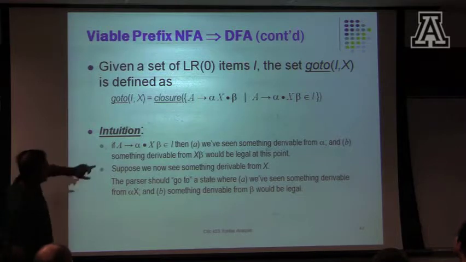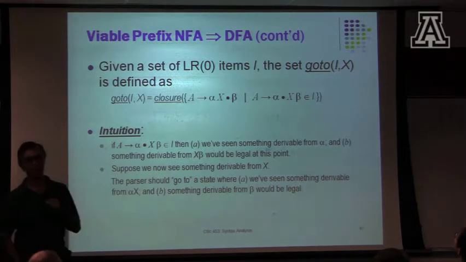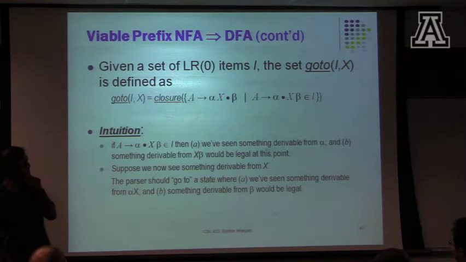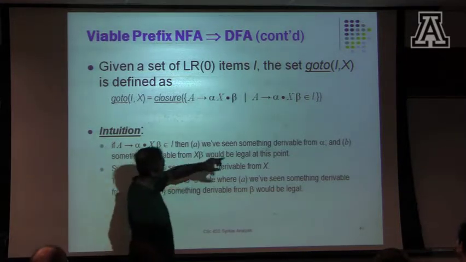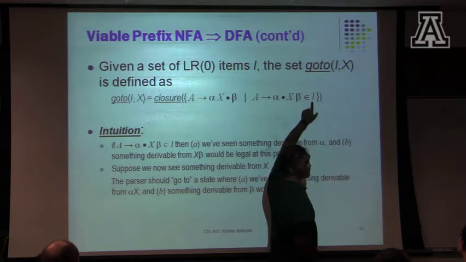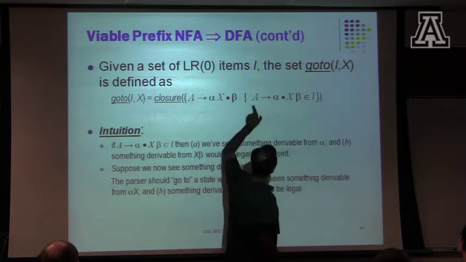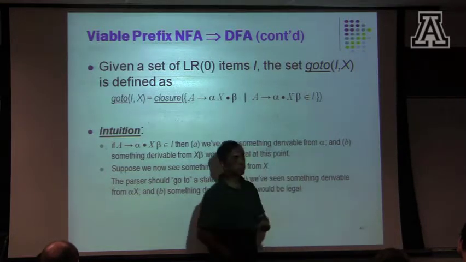The computation is easy enough to write down, but it takes a little while to think about it and internalize it. Here's the state that I began in. That state has a whole bunch of items like this.